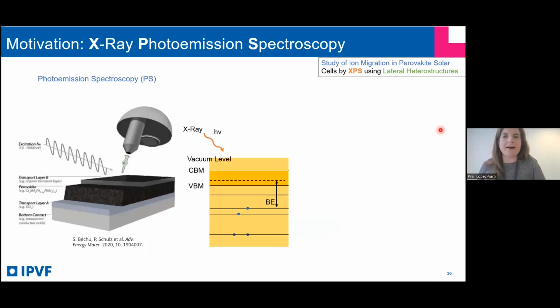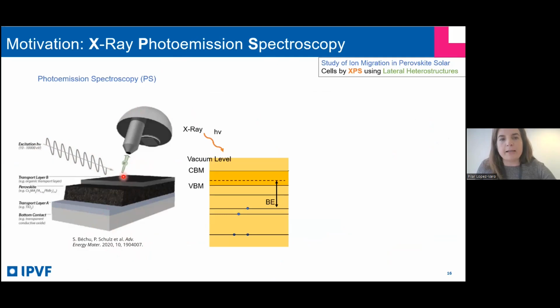For this, we have the tool of X-ray photoemission spectroscopy. If you want to know a lot about this technique, I recommend reading this work. Basically, we have our structure and we illuminate the surface with X-rays.